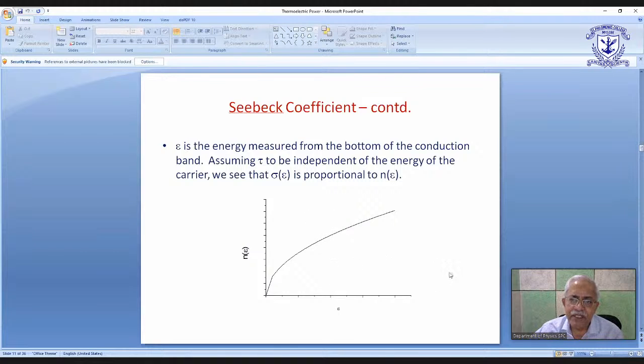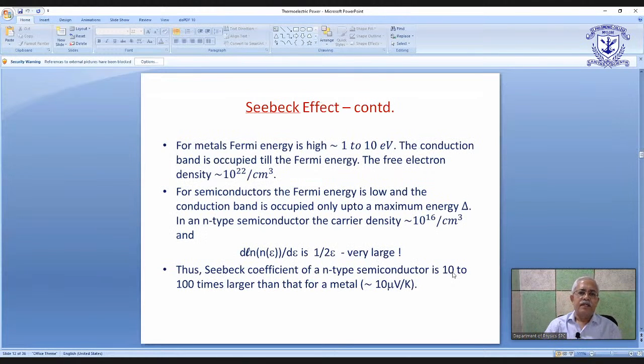We will come back to this a little later. So for metals, Fermi level can be as high as from 1 to 10 electron volt, whereas for a semiconductor, the Fermi level would be less than 1 electron volt. Some semiconductors may have Fermi level of slightly greater than 1 also, but it is not as high as 3, 4, or 5 electron volts.